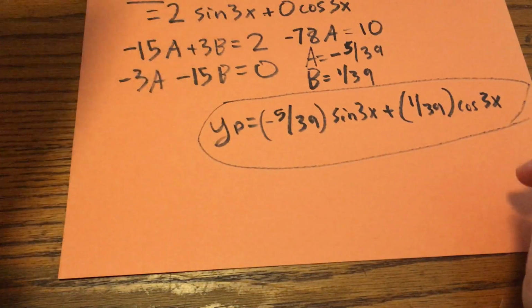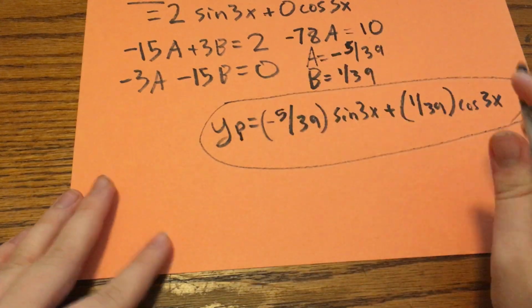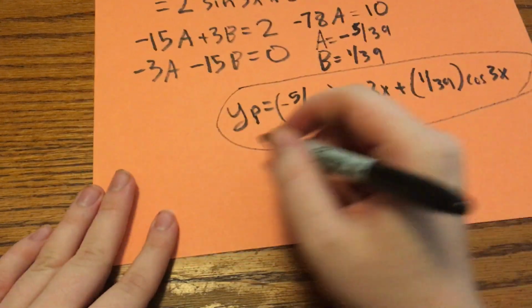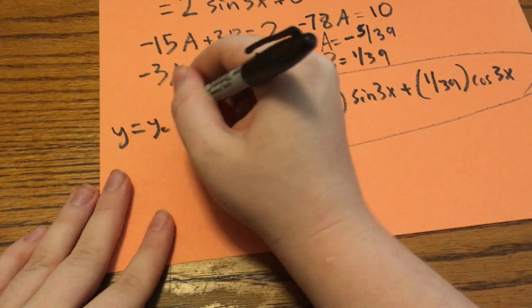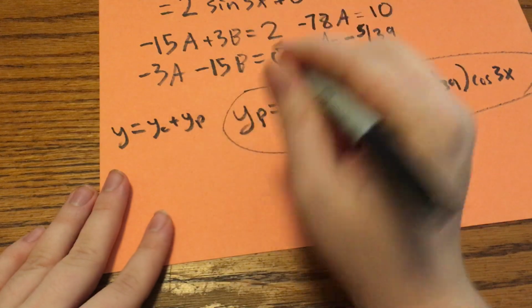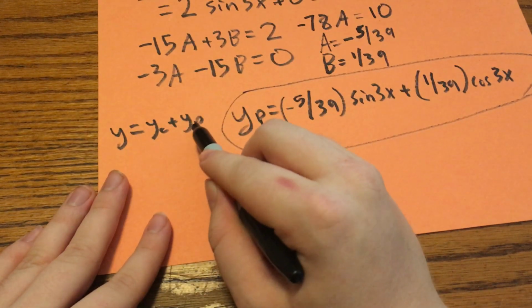All we need to do now is find the general solution. We're not done yet, but that's the easiest part. Remember, the general solution was just y equals y sub c plus y sub p, the solution of the homogeneous equation plus the solution of the non-homogeneous equation.